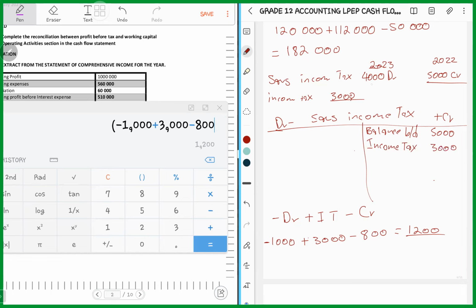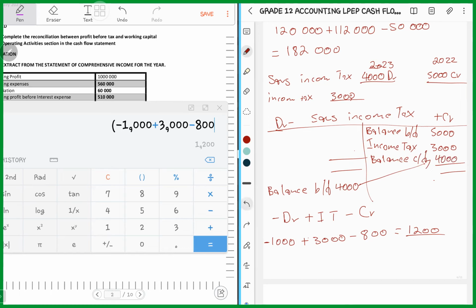But this time around, it says it's a debit balance, meaning that I will come on my debit side. Then I will say balance brought down, which is 4,000. Then I'm going to bring it here. Then here it will be balance carried down of 4,000.